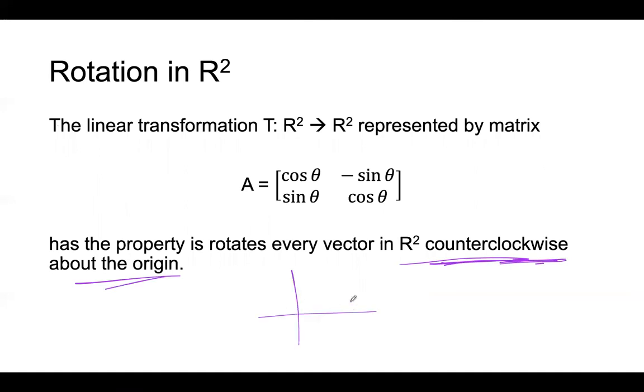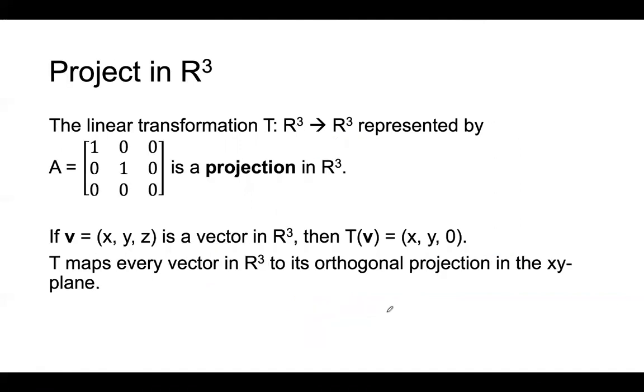So if you want to rotate a vector 90 degrees, you put 90 in for your angle and then multiply them together to get that transformation.